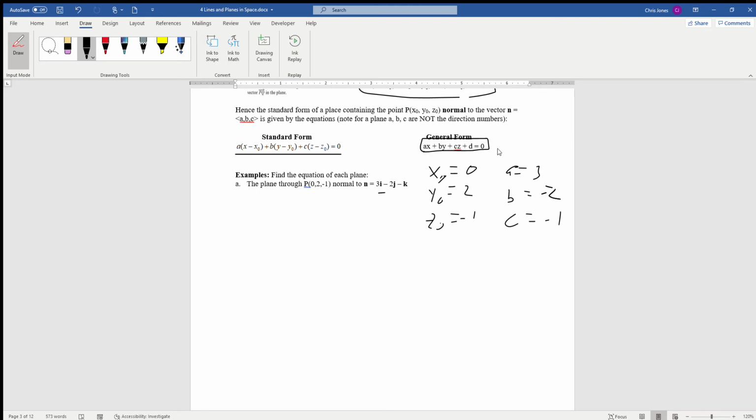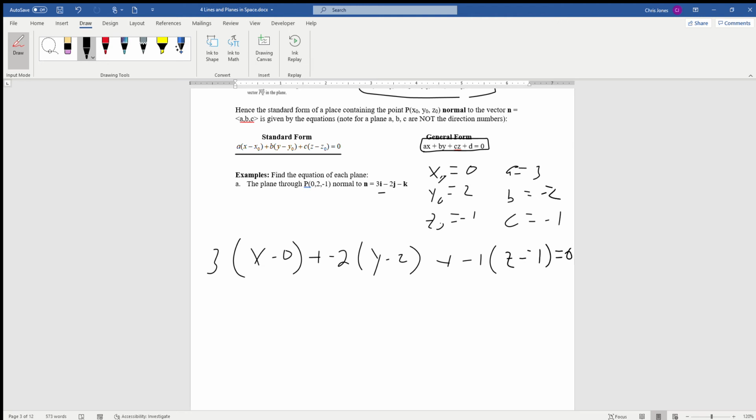All right, so we're going to use the standard form, get to the general form. So we're going to wind up with 3 times x minus 0, plus -2, excuse me, times y minus 2, plus -1 times z minus -1, and that's equal to 0.